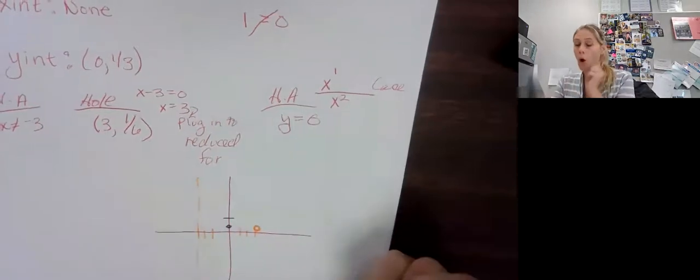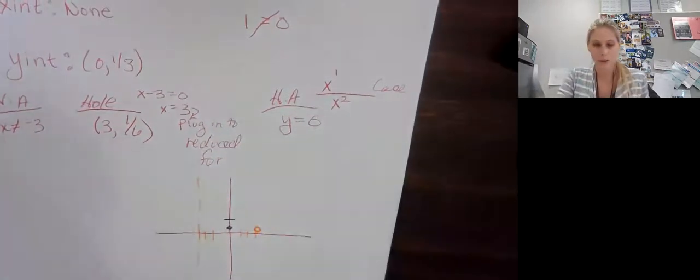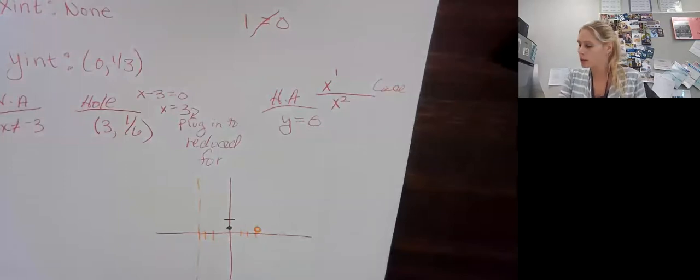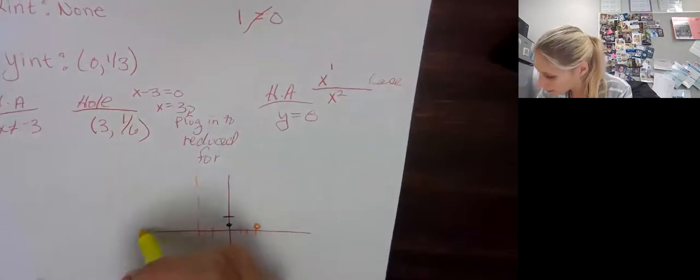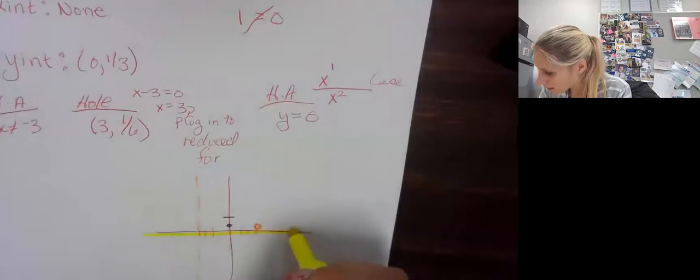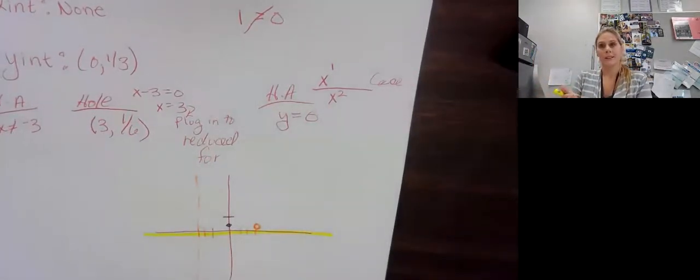Okay, make sure it's open. Open, that's what makes it a hole. And then we have our horizontal asymptote at 0. All right, you are ready to try this out on your own. 3 problems, should be 2, 4, and 6 on your homework.